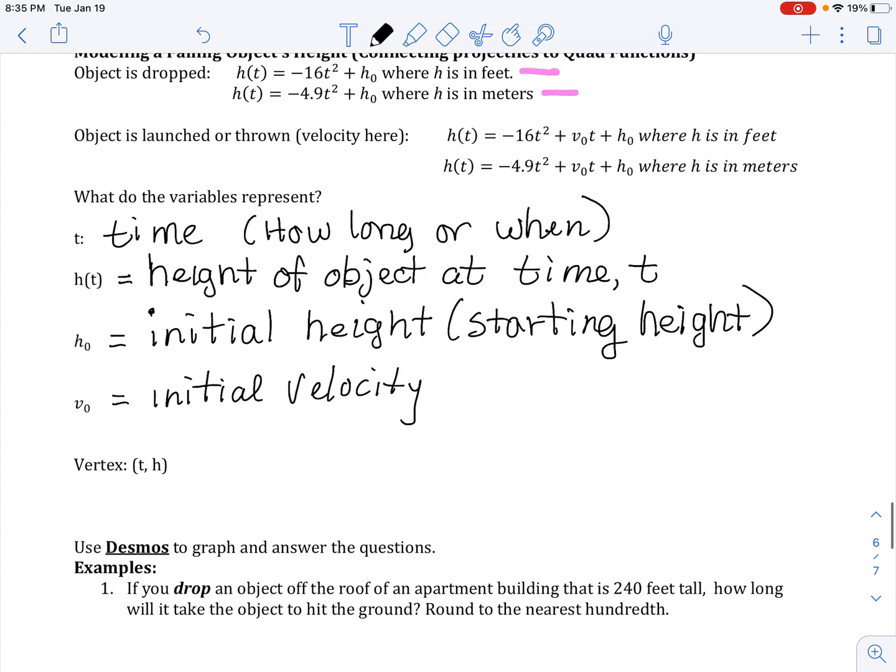So initial velocity. Your vertex is either the highest point or the lowest point. For these models, it is the highest point of the function.